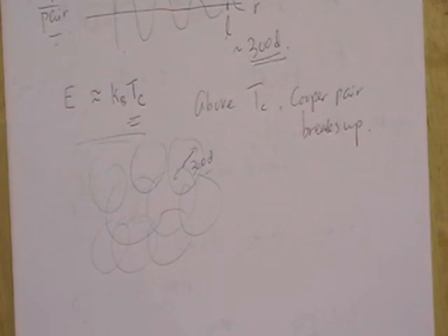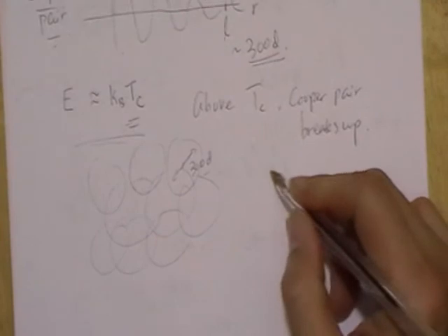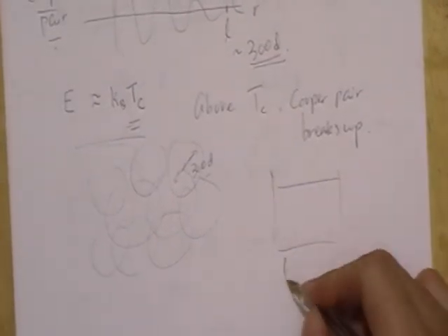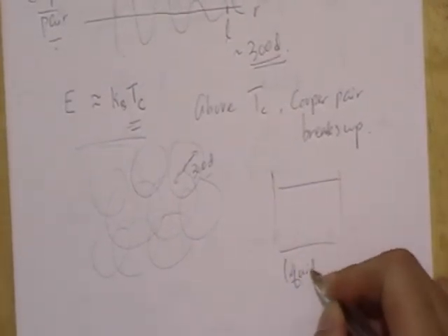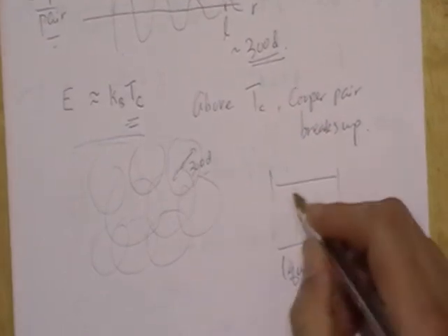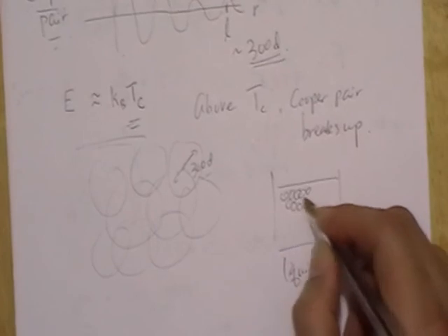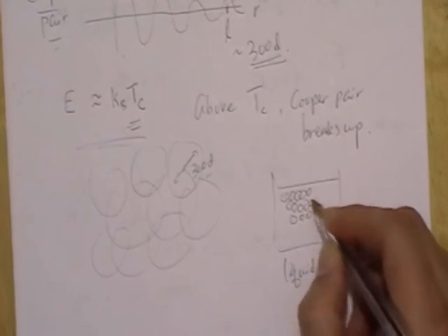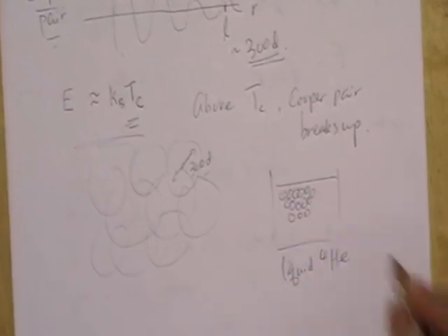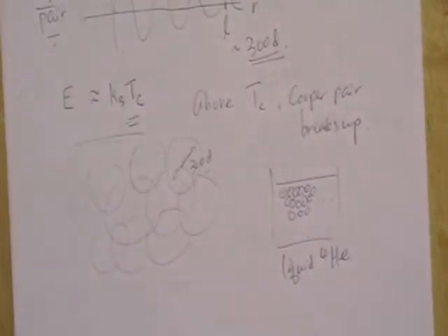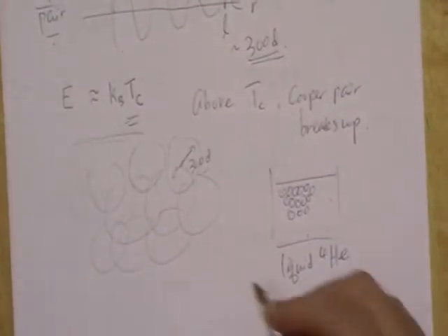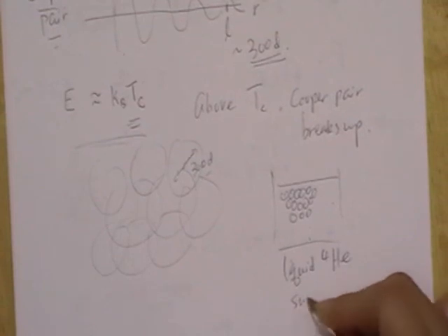So when they're so closely packed together, it's like the situation we have in liquid helium-4, where the atoms of the liquid would, of course, be closely packed. And we remember what happened in superfluid liquid helium-4.